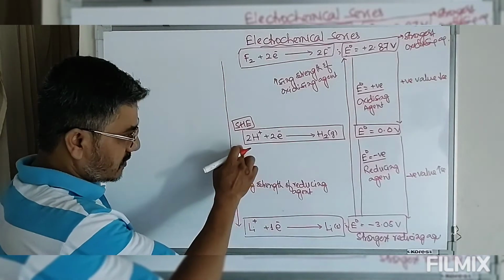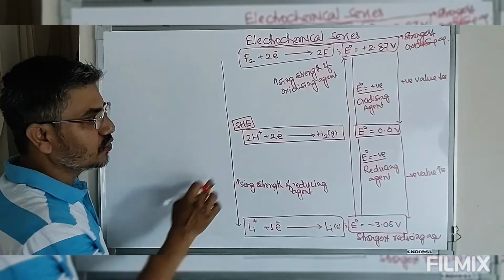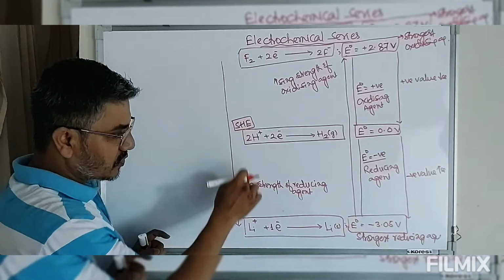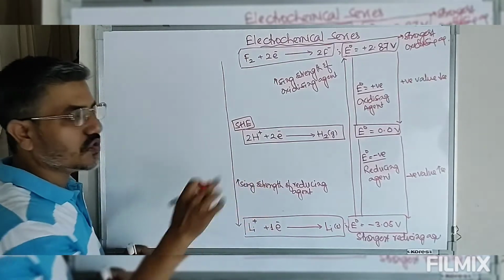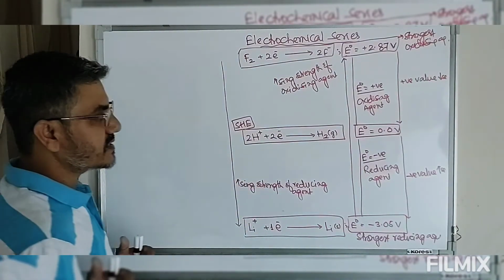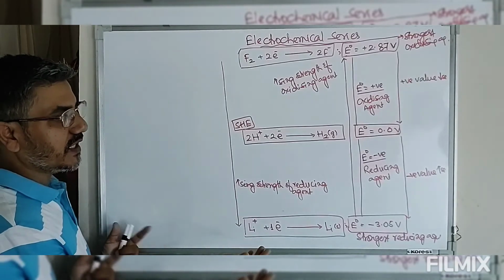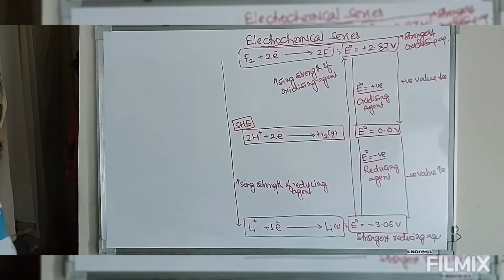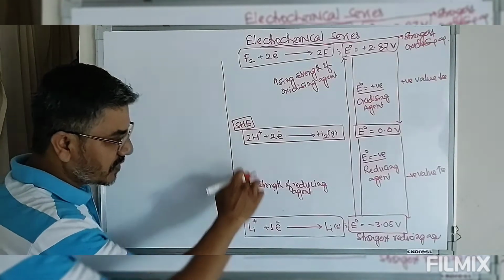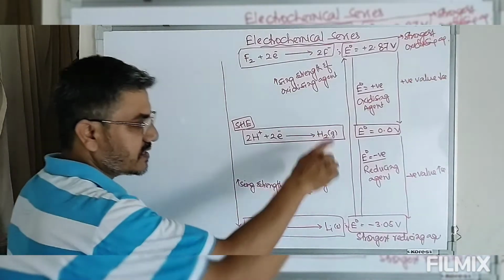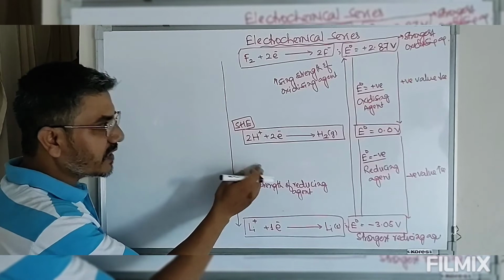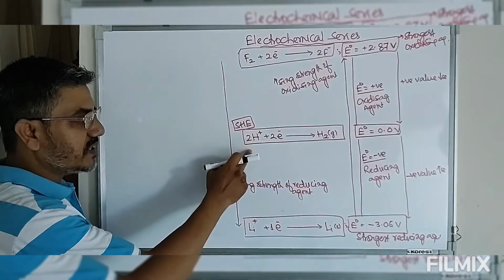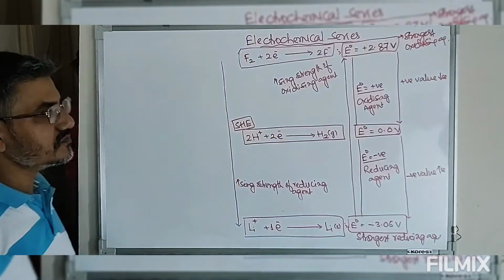Now look at the electrodes below hydrogen, whose reduction potential is negative. Those electrodes, being very strong reducing agents, are more reactive than hydrogen and will displace H plus ion from its solution. I repeat, electrodes below hydrogen whose reduction potentials are negative are more reactive than hydrogen and will displace H plus ion from solution.